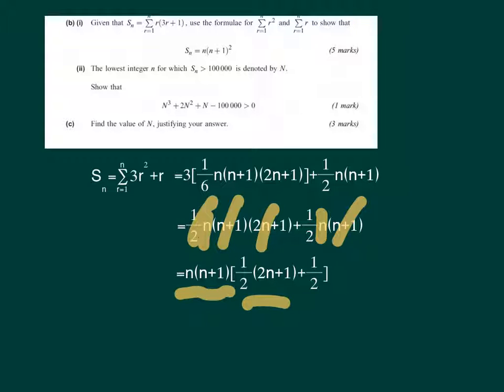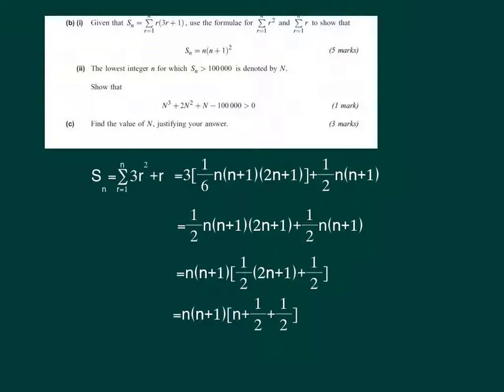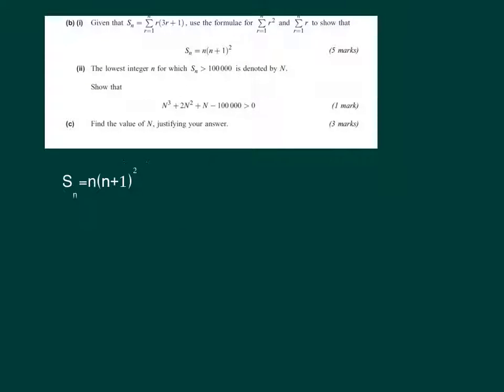Then for the final term, the n and the n plus 1 are already there, so I just had to put the extra half inside. So I've expanded this bracket here, so a half of 2n is n, and a half of 1 is a half. And then neaten that up, finally you'll see, which then hopefully you can now see is nicely what we want, n bracket n plus 1 all squared.